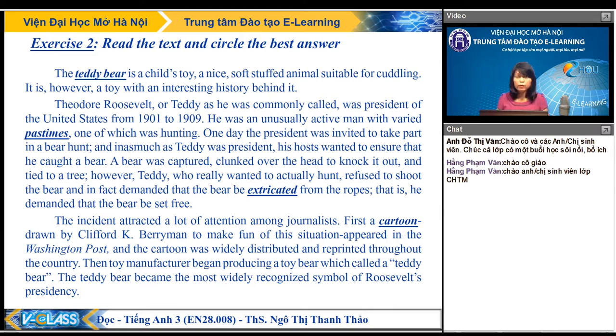So we have 4 different words suggested, unfamiliar or new words for you: teddy bear, pastimes, educated, or cartoon. So skim the text to find what it is about.